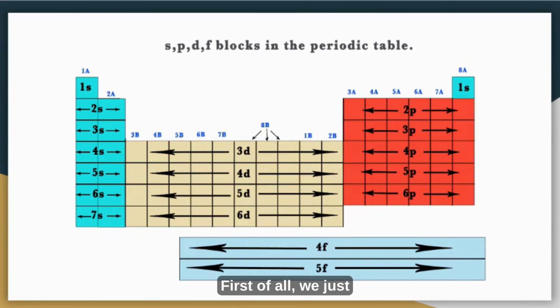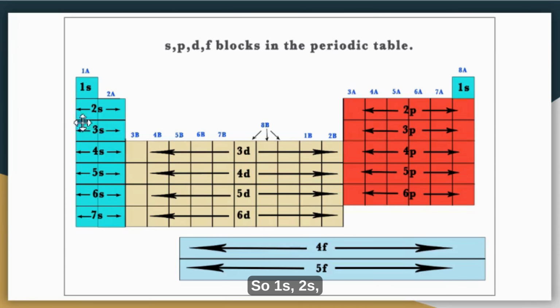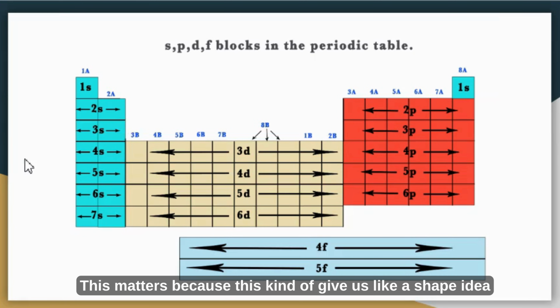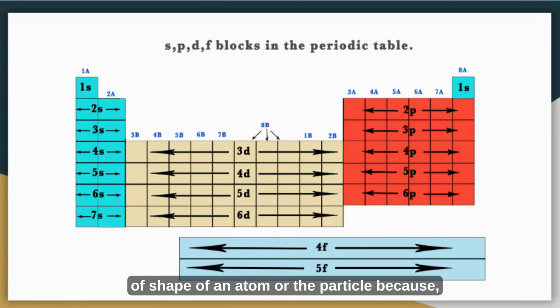First of all, we just need to go over the SPDF for now. This is about the orbitals. So 1s, 2s, 2p, 3s, and so on. This matters because this gives us an idea of the shape of an atom or the particle, because not all the particles will be a circle as we think.